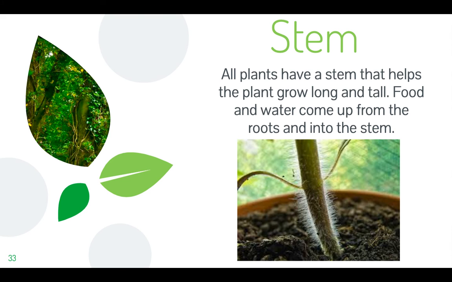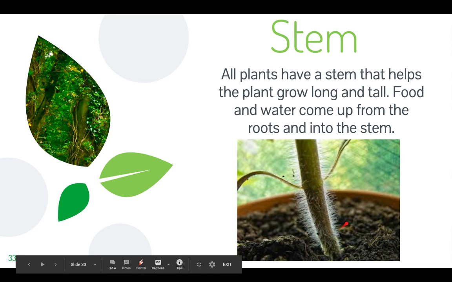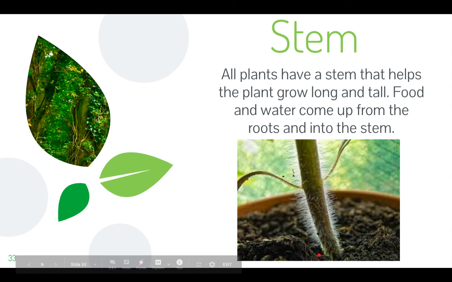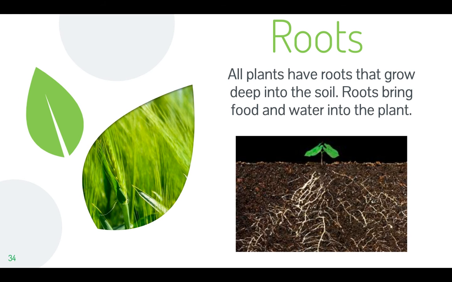Food and water come up from the roots and into the stem. So the plants get food and water from their roots from the bottom, and they come all the way up, and they come up the stem. So that's something really cool to learn about. And then we learned about the roots.